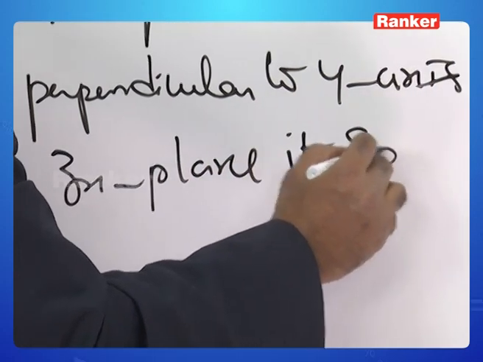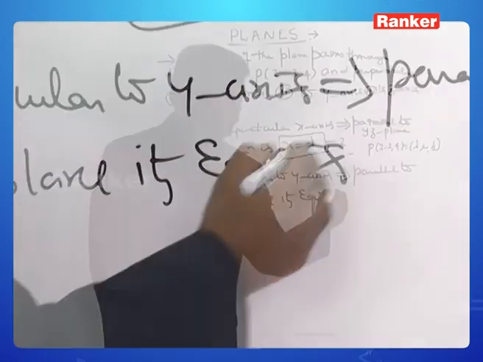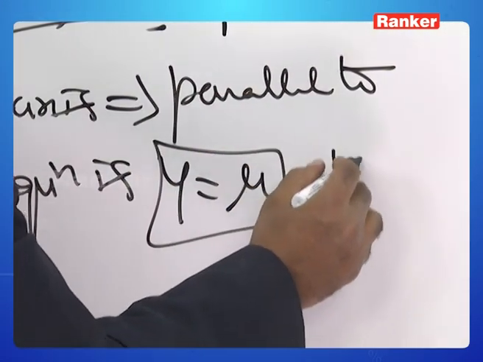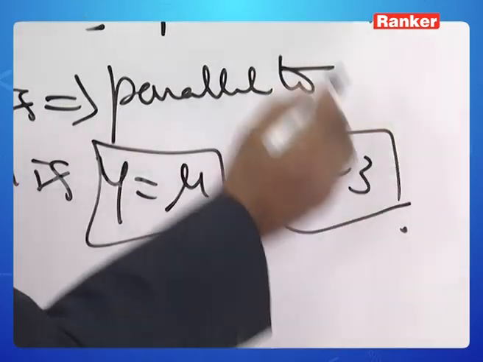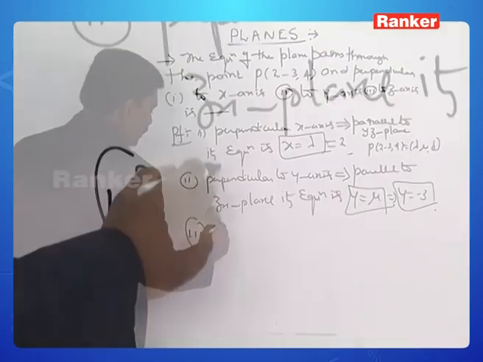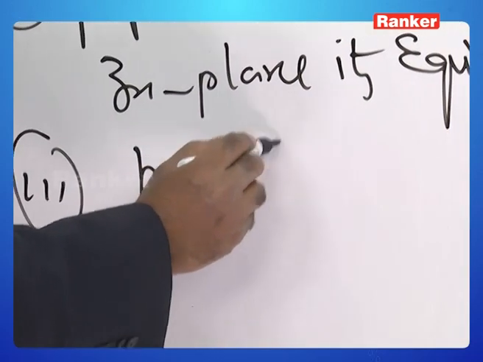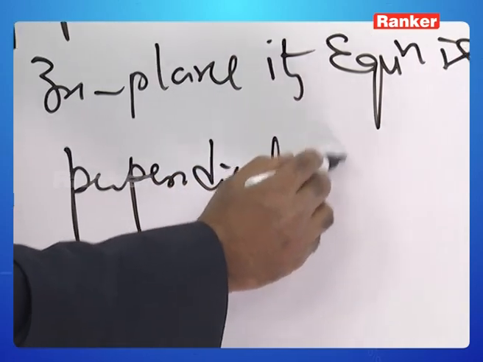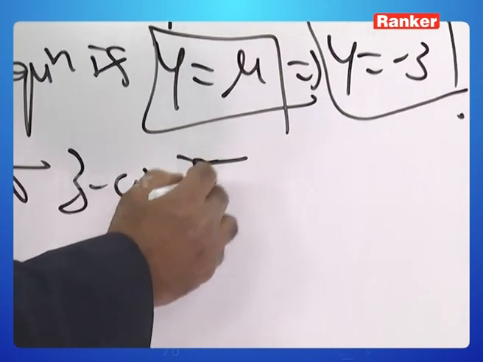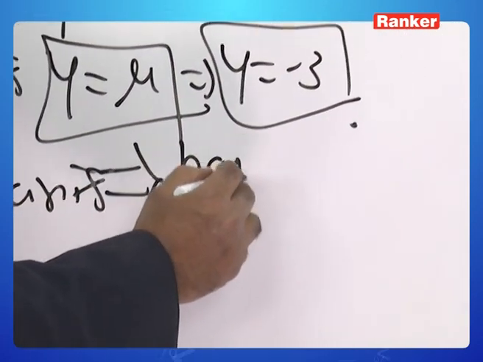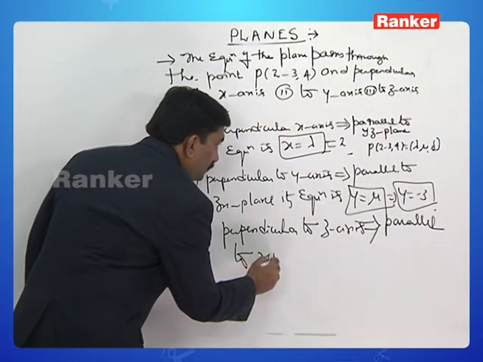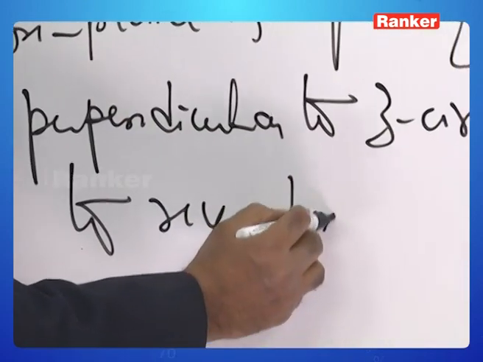Its equation is y equals mu, which implies y equals minus 3. Next, the third one is perpendicular to the z-axis, which implies parallel to the xy plane.